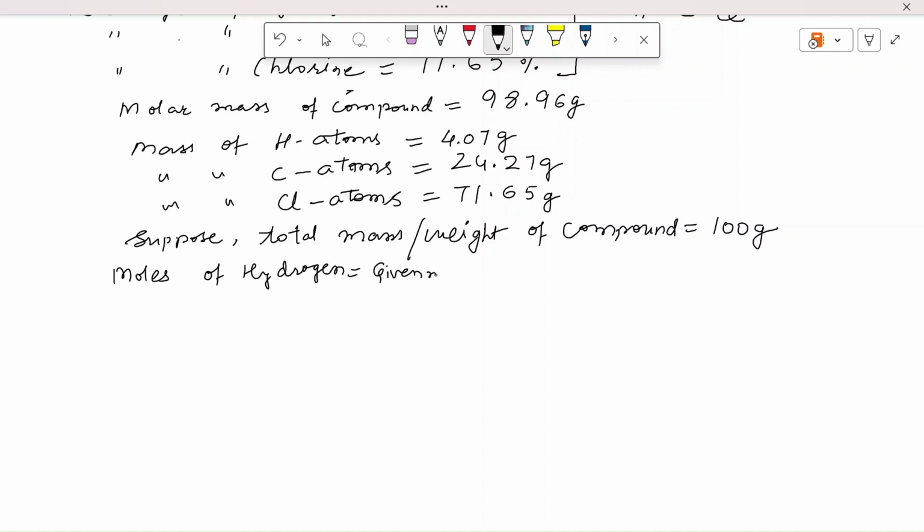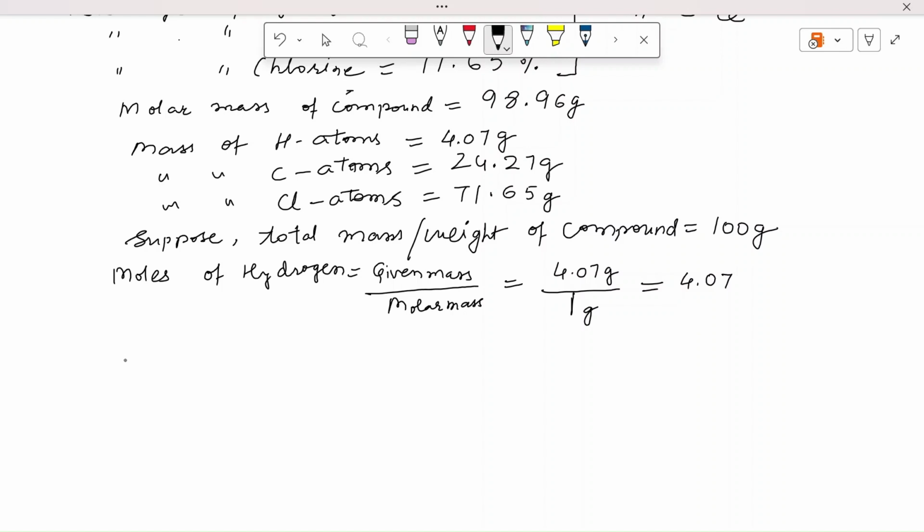For hydrogen, the given mass is 4.07 gram, and its molar mass is approximately 1. It can be written as 1.008, and this is approximately 1 according to significant figures. So it becomes 4.07. Since it is moles, there will be no unit.